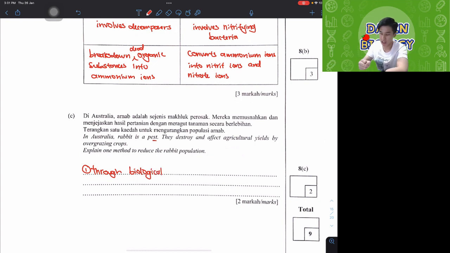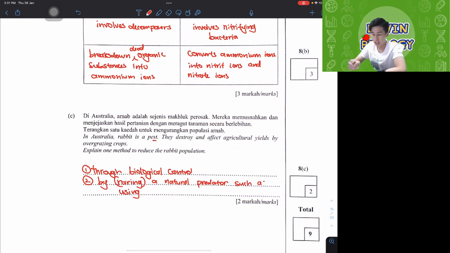So you can say through biological control, by using a natural predator, such as owl, to reduce the rabbit population.